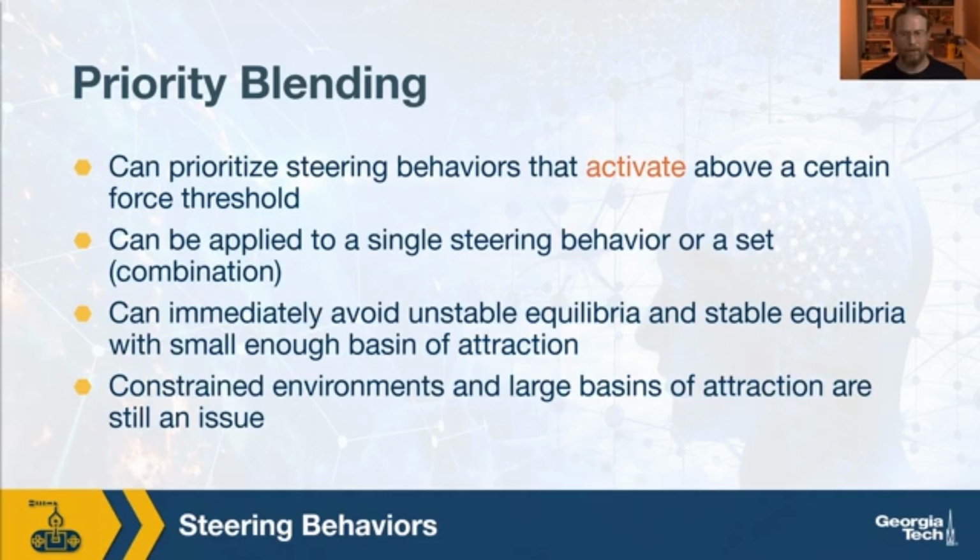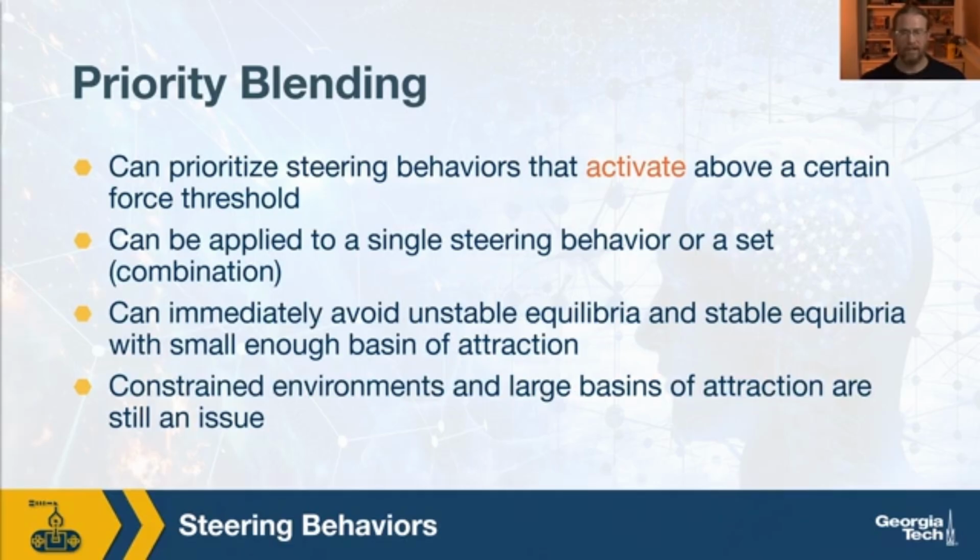It can also avoid some stable equilibria if the basin of attraction is small enough. And this is because you'll tend to have an obstacle avoidance that will move the agent away. And then once it moves far enough away that it's no longer activated, then something else can be prioritized, such as going to the goal. But if the basin is huge, the agent will move away, but then head right back to the goal. So you kind of end up in a vicious cycle.